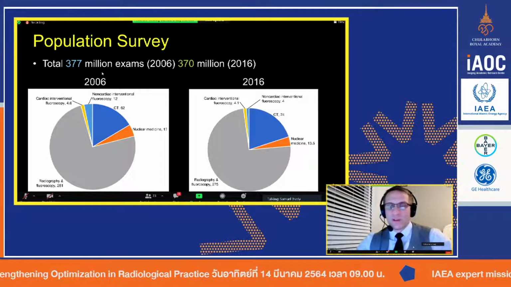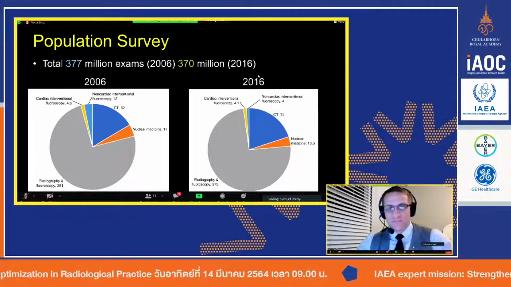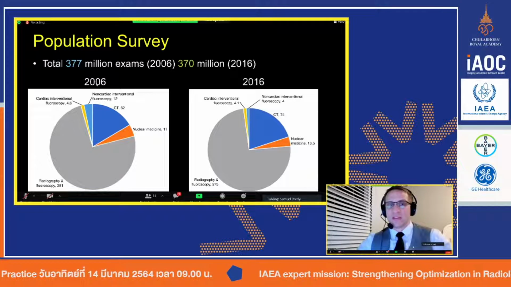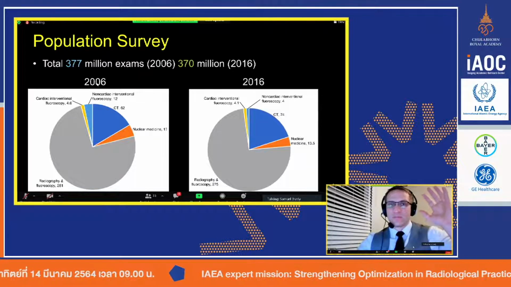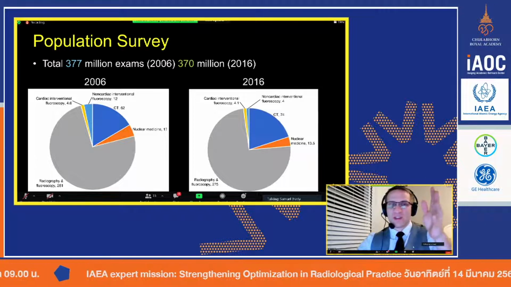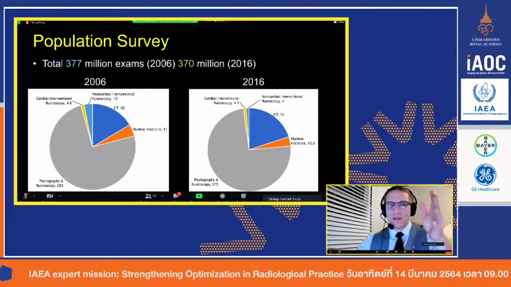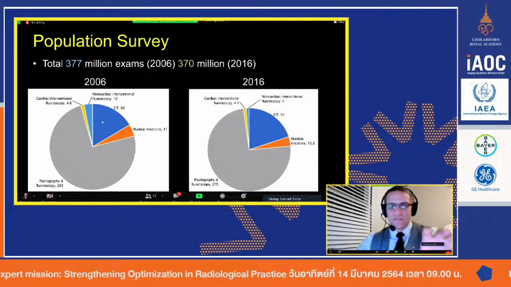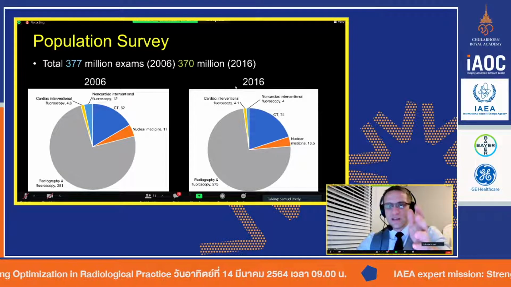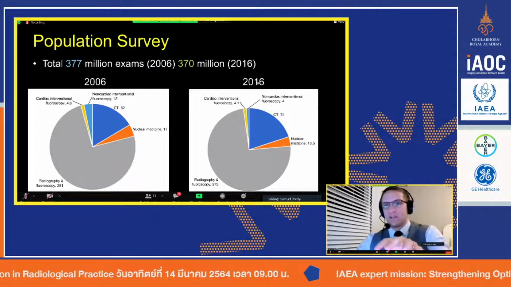And there have been 2 publications of this data. The first was in 2006. So basically they looked at data from the late 1990s up to, I think, 2004, 2005. And that's what the data is on the left side. And then from 2006 to about 2014, they collected that data and then they published it in 2016.